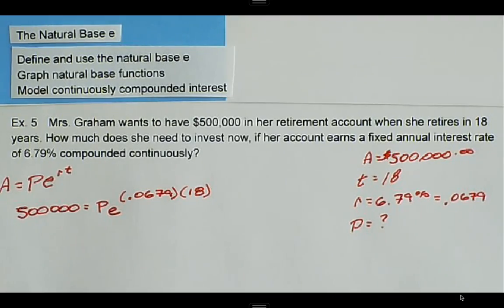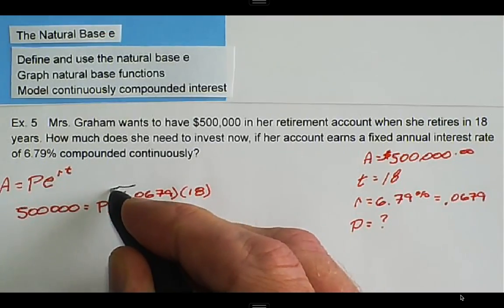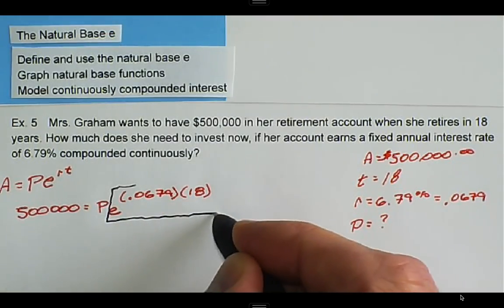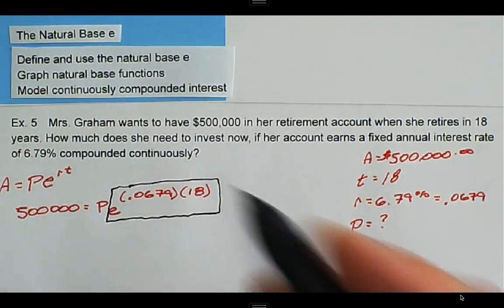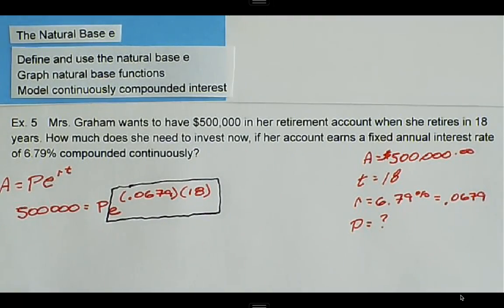Now, this looks like a lot, but really, all this information right here is a constant. That's not going to change, so we only have one variable that we have to solve for.